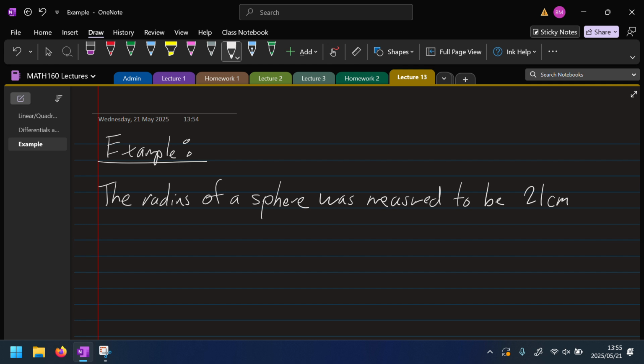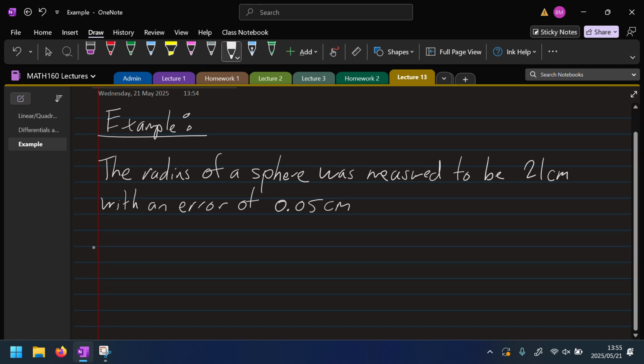So again, you imagine yourself in the lab, you're measuring the radius, you get 21 centimeters, with an error of 0.05 centimeters. So whatever you're using to measure this, there's that error of 0.05 centimeters. So that's your measurement.